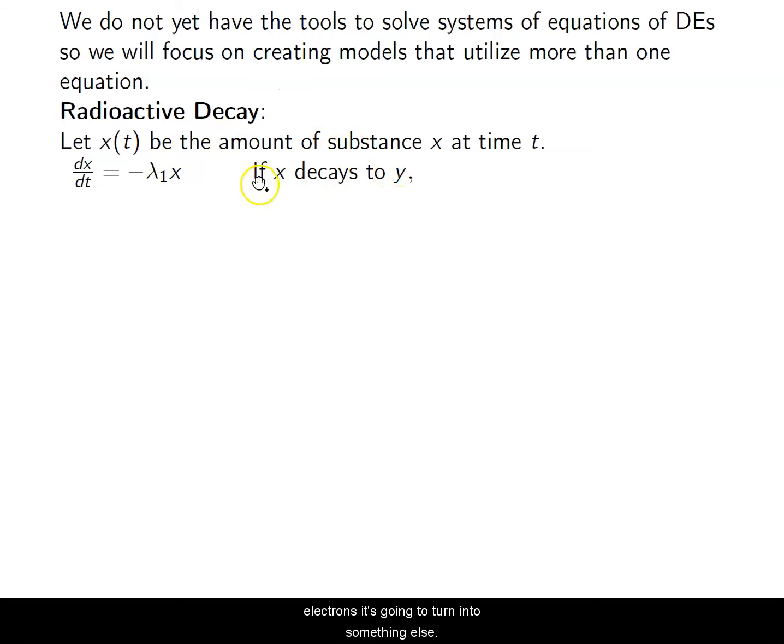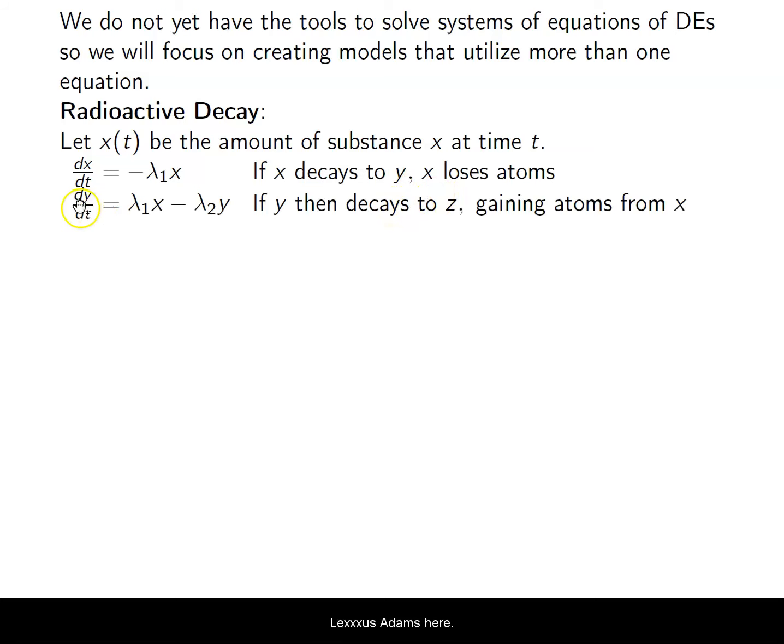It loses electrons. It's going to turn into something else eventually, right? So x loses atoms. Here, the rate of change, the derivative of y with respect to time, as y decays, it is gaining electrons that x is losing, and it is also losing its own electrons, right?